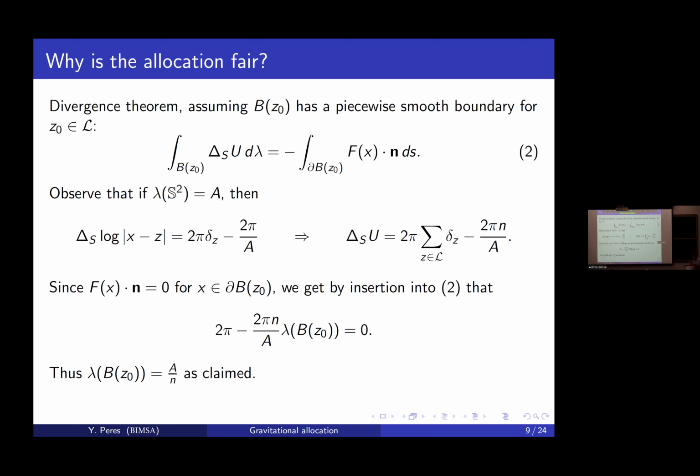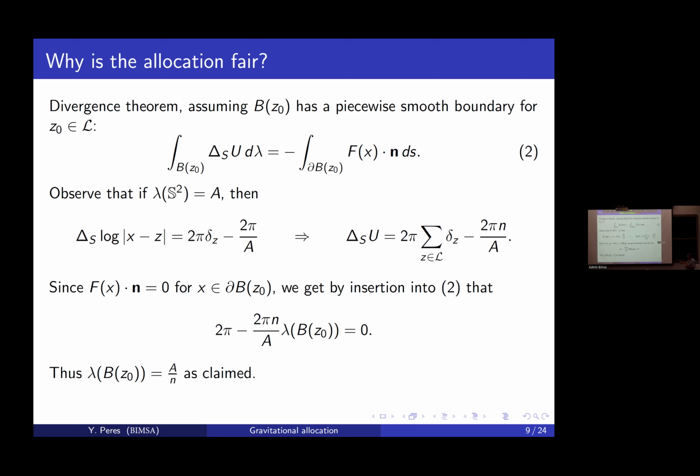But on the boundary of the basin, the force is parallel to the boundary, because if a force would go into a basin, then this point would be attracted to one side or the other. So the force times the normal is actually 0 on the whole boundary, and the right-hand side turns out to be 0.